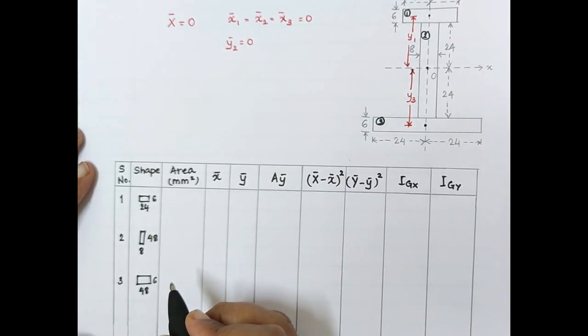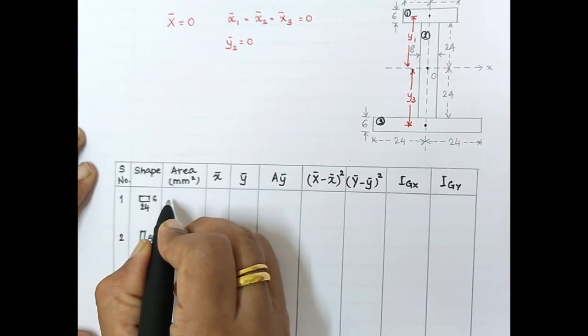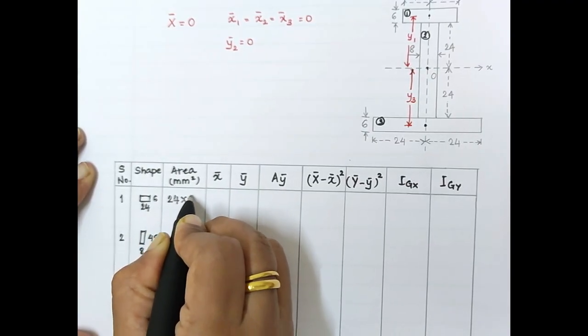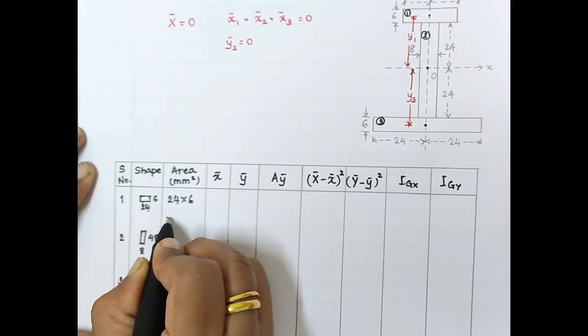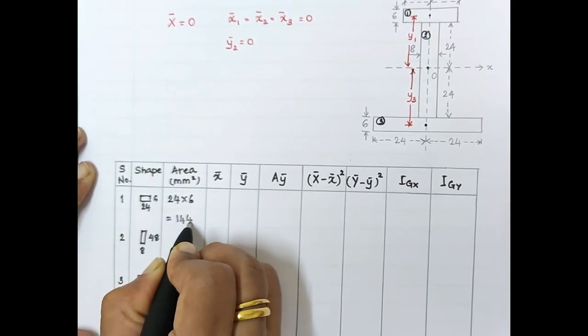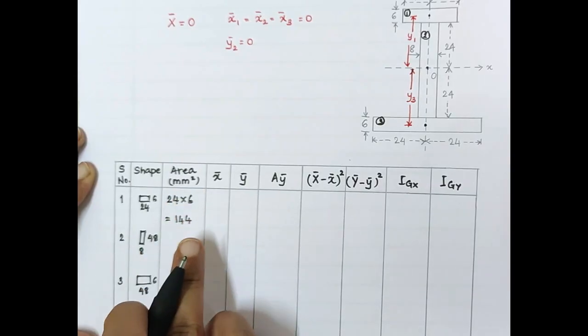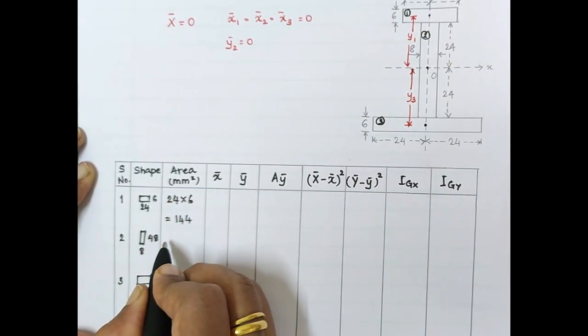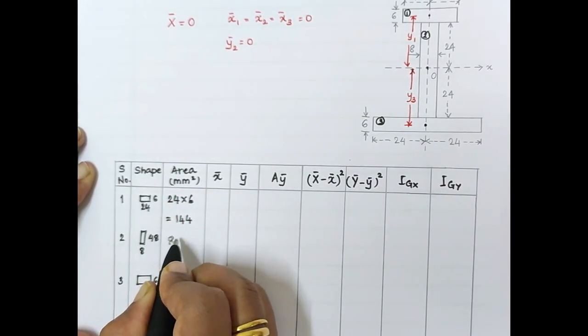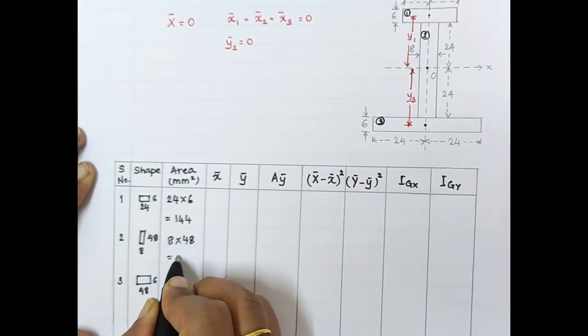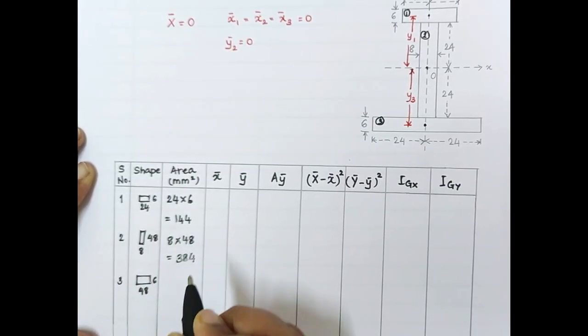Let's go ahead and calculate the areas. First, 24 by 6 comes out to be 144. We have taken all the dimensions in mm, therefore we get mm square. The second, 8 by 48, comes out to be 384 mm square.